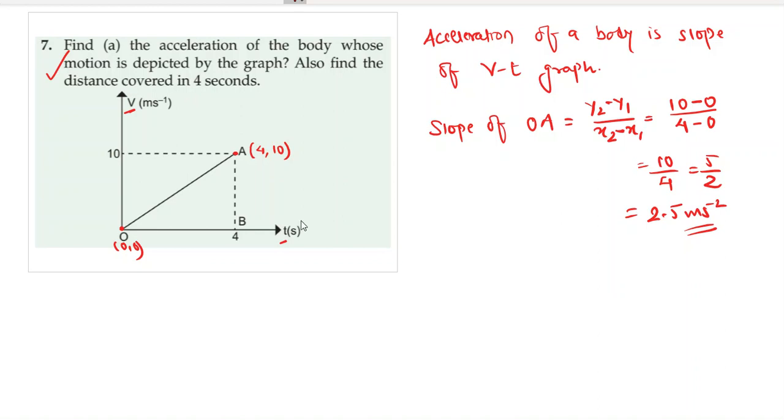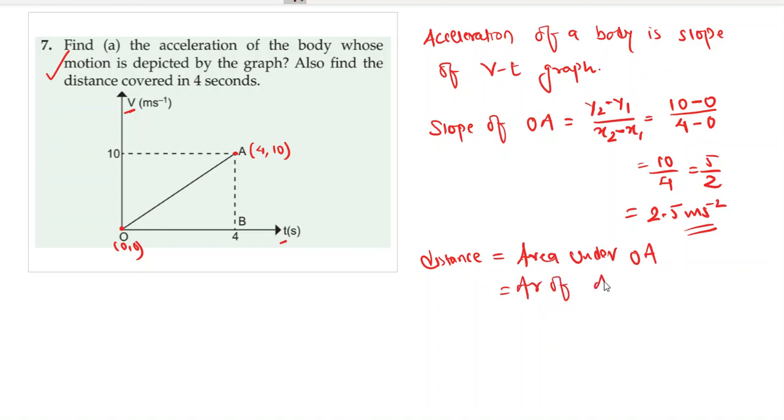Also find the distance covered in 4 seconds. Now the distance covered is equal to area under the graph. Distance covered is equal to area under OA. So what is the area under OA?